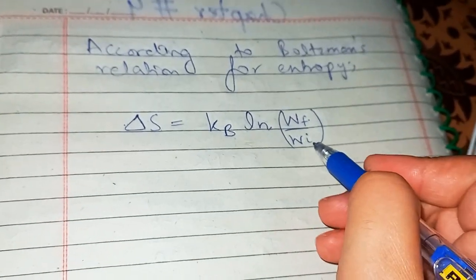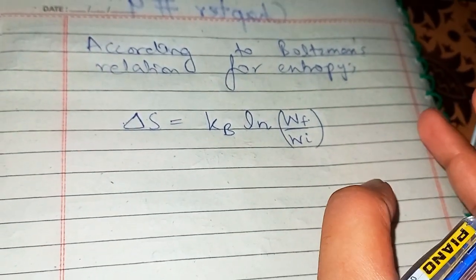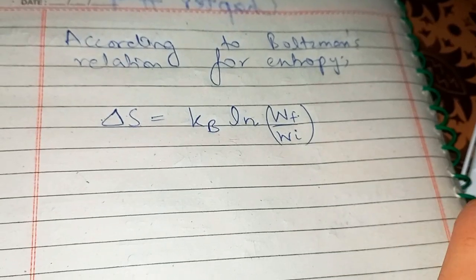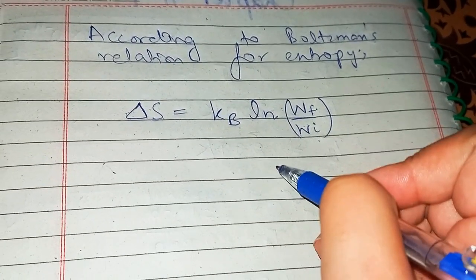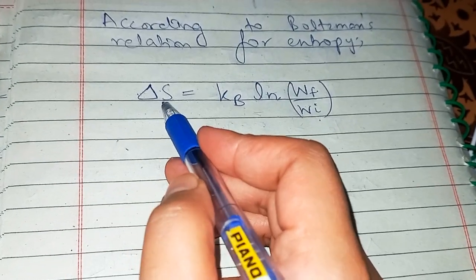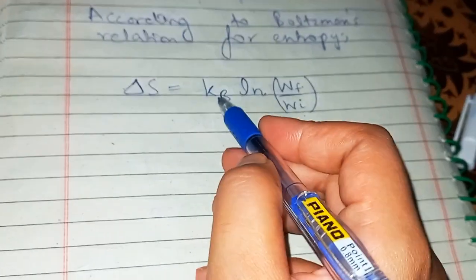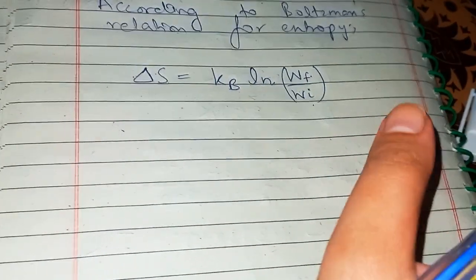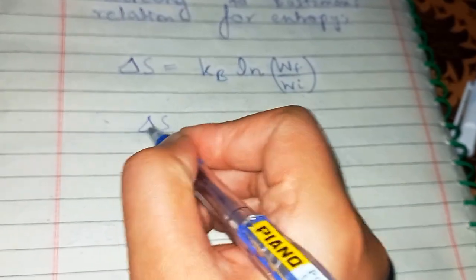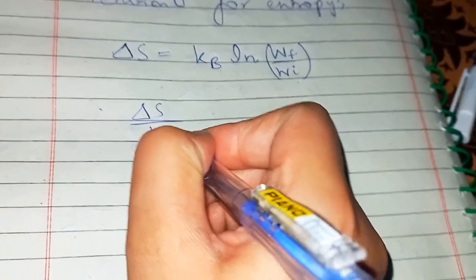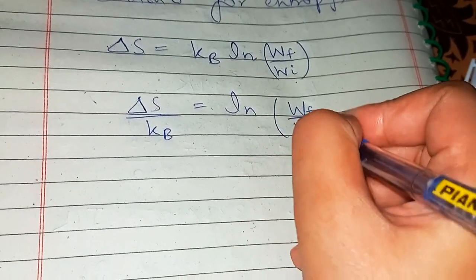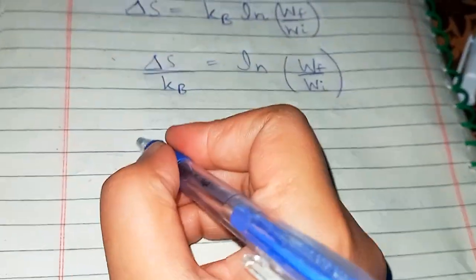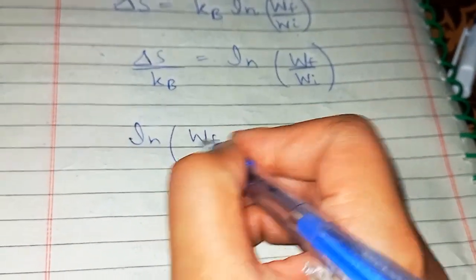Wf by Wi is the factor by which accessible states increases. So Wf by Wi is something that we need to calculate here. Delta S is the total entropy of the system. Kb is the Boltzmann constant. So that's simple. Kb comes here, natural log of Wf by Wi. Okay, or we can write it like that.